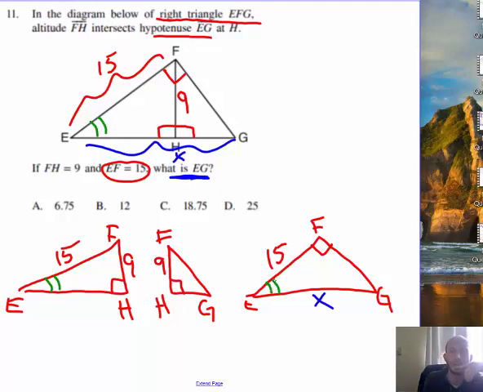So what I see now that I labeled that is that this side right here, which is length 15, corresponds with this side, which we do not have right now. And the hypotenuses correspond with each other. So across from the 90-degree angle, this side corresponds with this side.